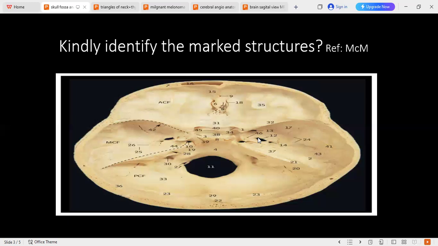If you could also identify number 12 here. 12 is the foramen ovale. What passes through it, please?